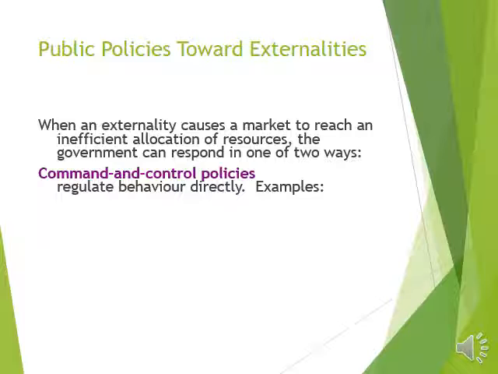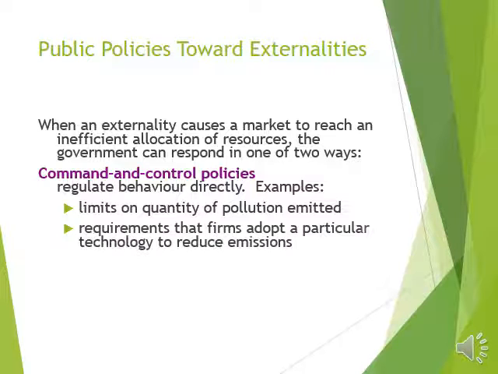One is by having command and control type policies, basically ways to regulate behavior. So this could be limiting the quantity of pollution that is allowed to be emitted, and we'll talk about how they could do that later. Also putting regulation in place that only certain levels of technology that have low levels of emission can be used. An example of that is when you go to get your car tested at PVI, they're going to be testing how smoky your engine is.